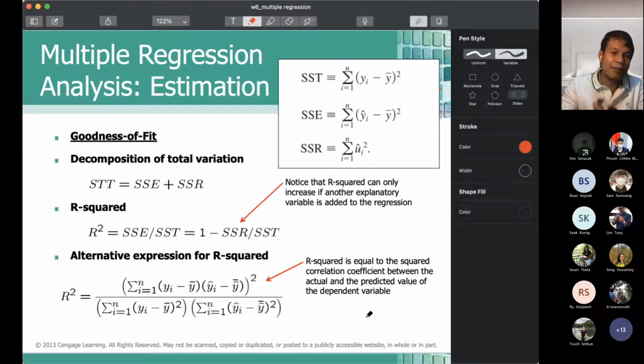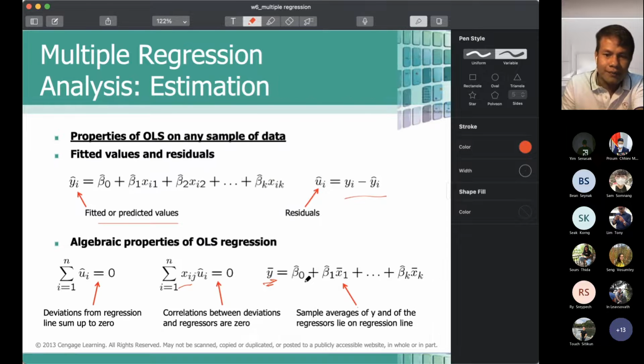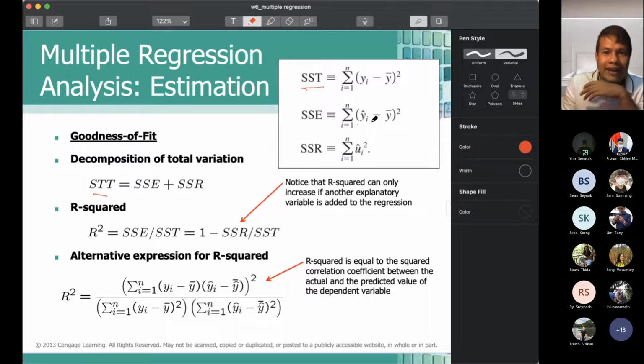So we have here the decomposition of total variation. We have SST equal SSE plus SSR. If you do not remember, I put it here. SST is y minus y bar, where y bar is this one. And then y hat, what is y hat?